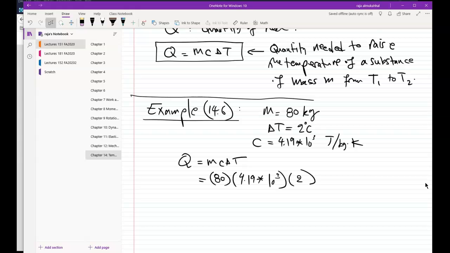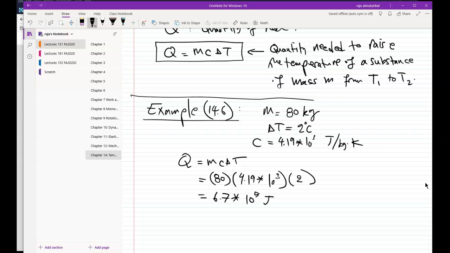He gives you the difference already, 2, and you just calculate all of that, and then we will get 6.7 times 10 to the power of 5 joules. That's how many joules.